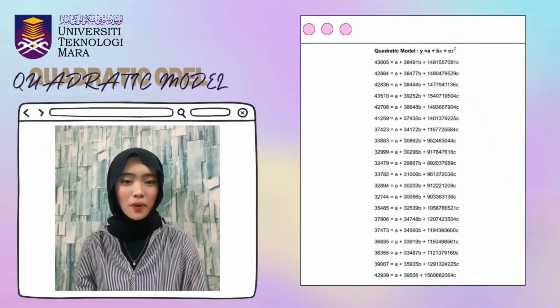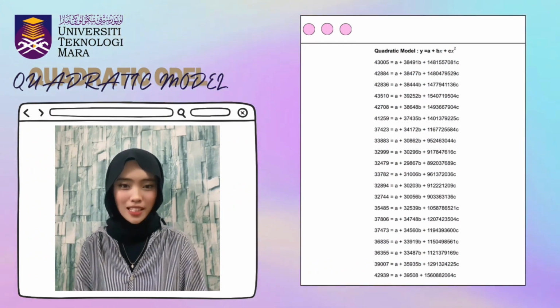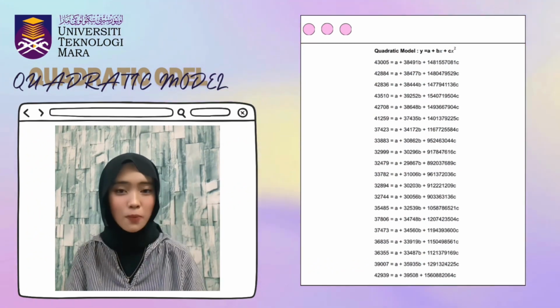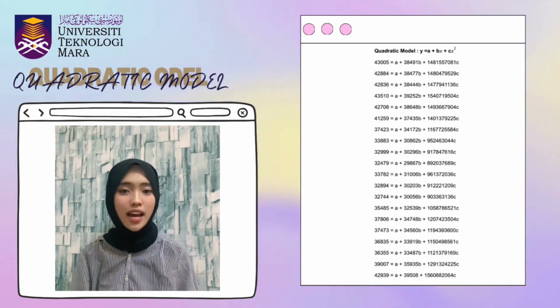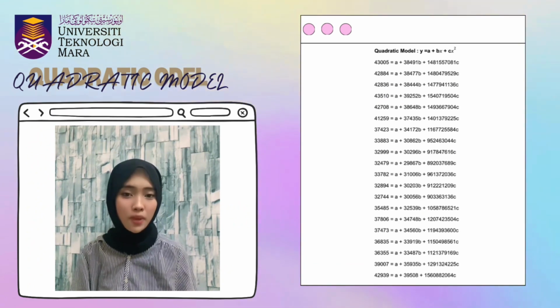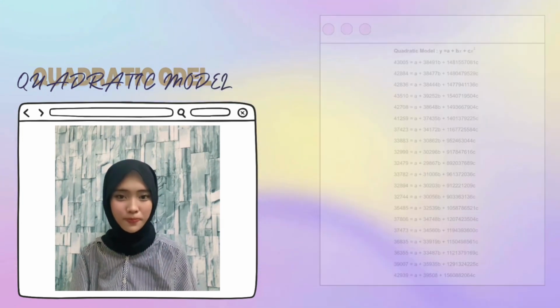Hi, Assalamualaikum. My name is Swaila and I will present to you about the quadratic model. The quadratic model is a mathematical model represented by a quadratic equation, which is y equals a plus bx plus cx squared. So there are 20 data that we can put into this quadratic equation, where y represents the number of deaths while x represents the number of crashes.